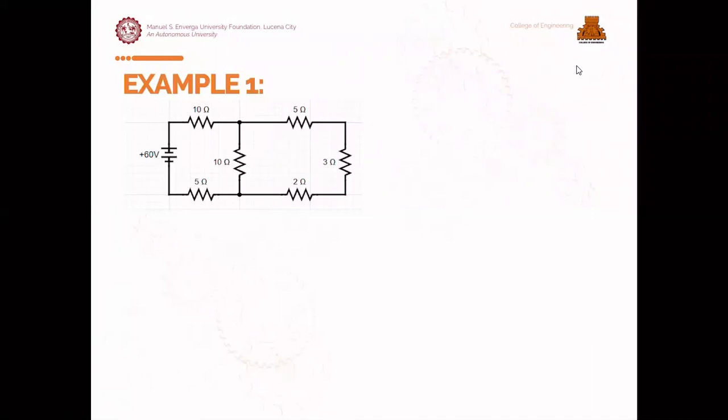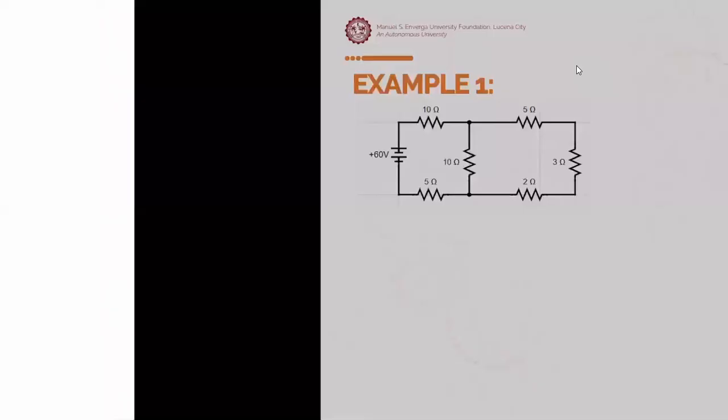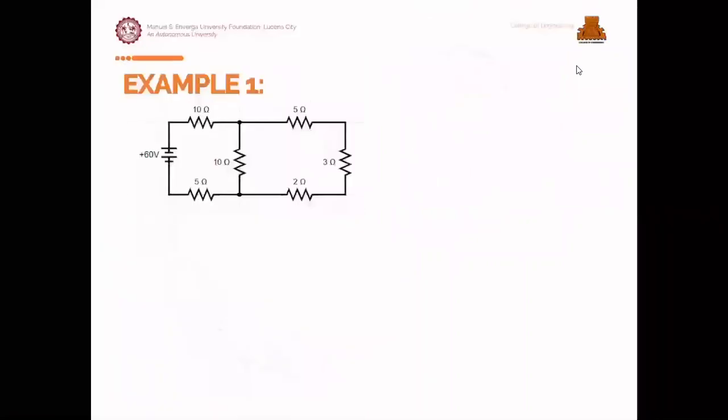So, labelan muna natin. Ang sabi, una daw natin gawin is label natin lahat ng current natin. Okay? Yung dapat malaman muna natin kung saan manggagaling yung flow. Dito yung flow natin. Okay? So, from positive ng battery natin, dito magpo-flow yung ating current, no?